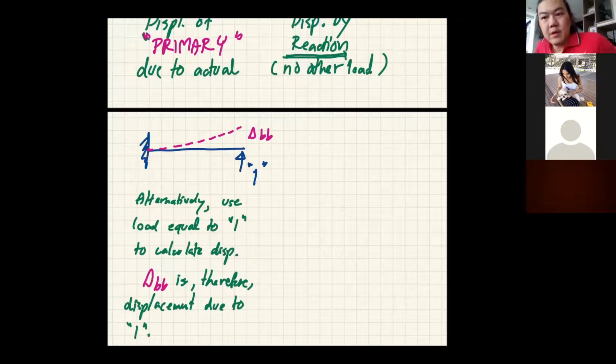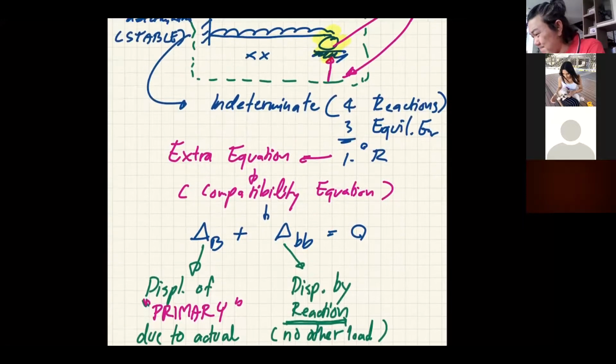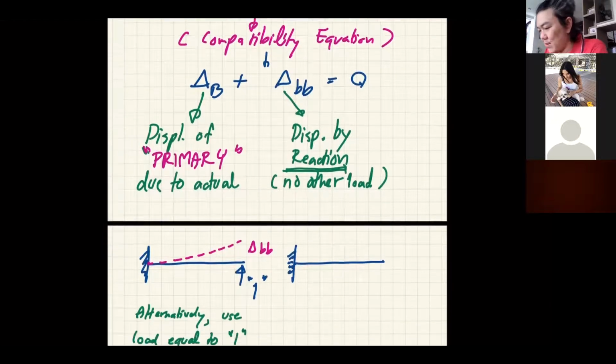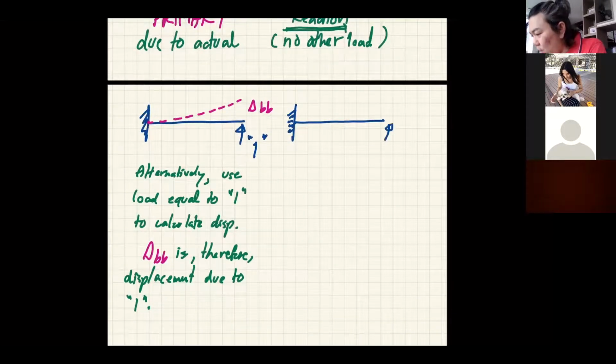So what does that mean? Because you guys are living in the elastic world. So if the displacement caused by the load equal to 1 is equal to delta BB, what do I use? P, right? Doesn't matter what it is. The displacement caused by the load P will be proportionate with the displacement caused by the load equal to 1.